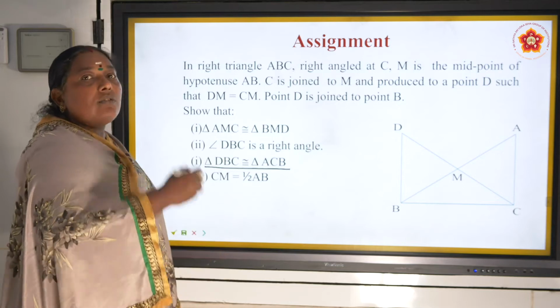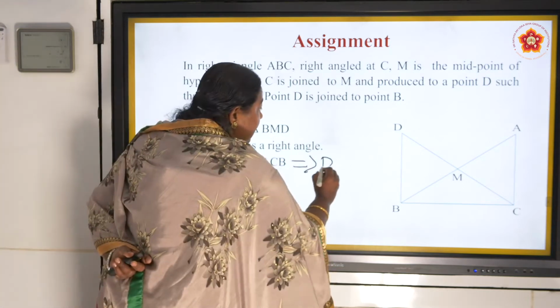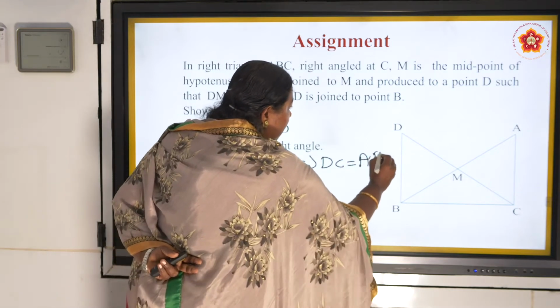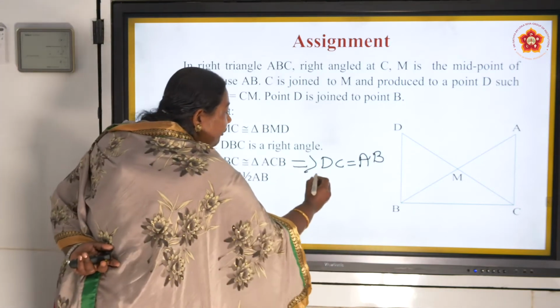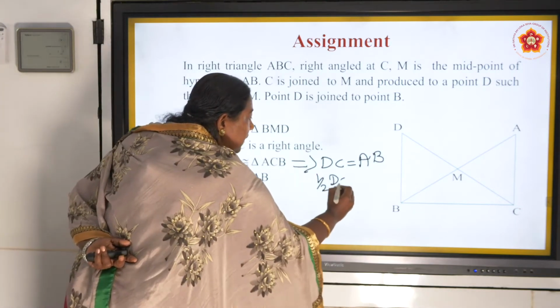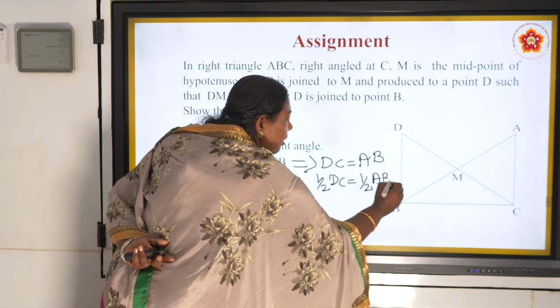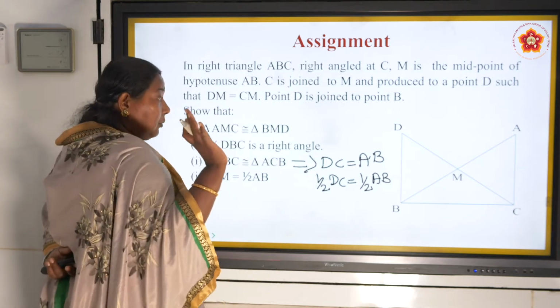We are using it or not, he will come and stand. So, DC should be equal to AB. Next, half of DC should be equal to half of AB. I am just multiplying by half on both sides. That's all. I am not doing anything more than that.